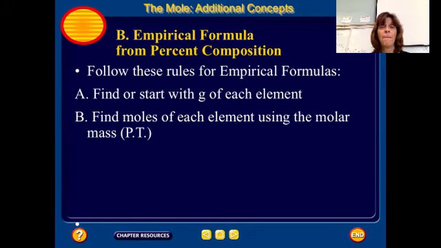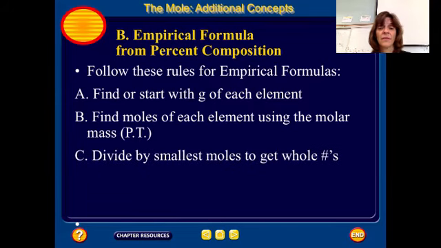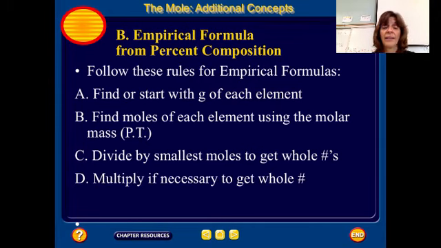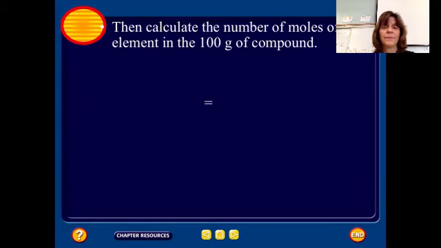Moles represents particles, parts. So we have to find moles. Then we want to find the ratio of one thing to another. So we're just going to divide them all by the smallest one and see if we get whole numbers. And then we'll multiply if we need to. These last couple of steps will make more sense as we go through an example.